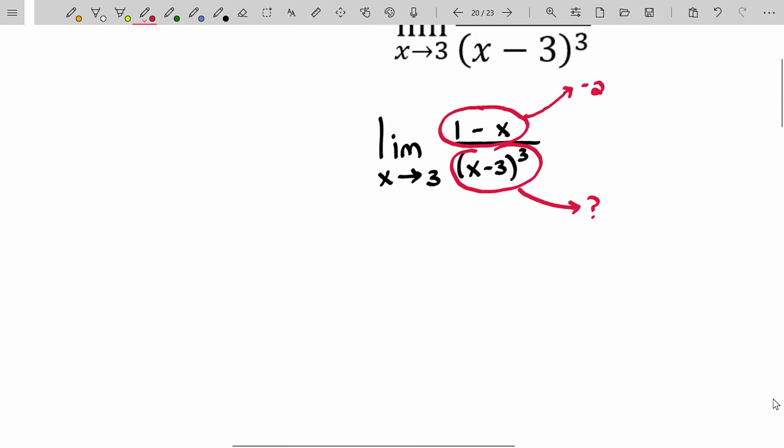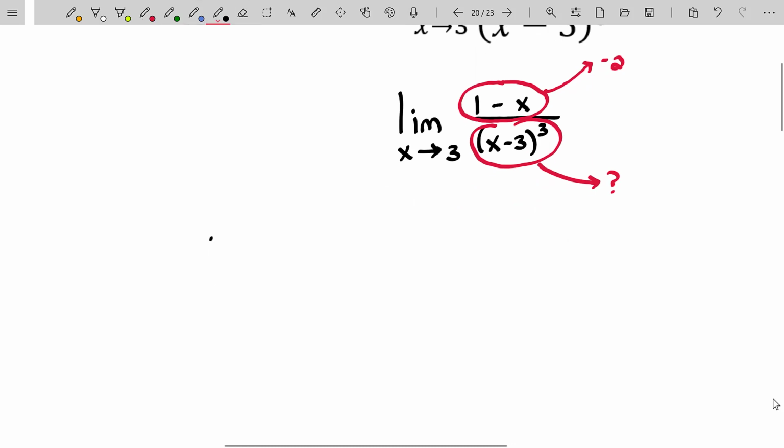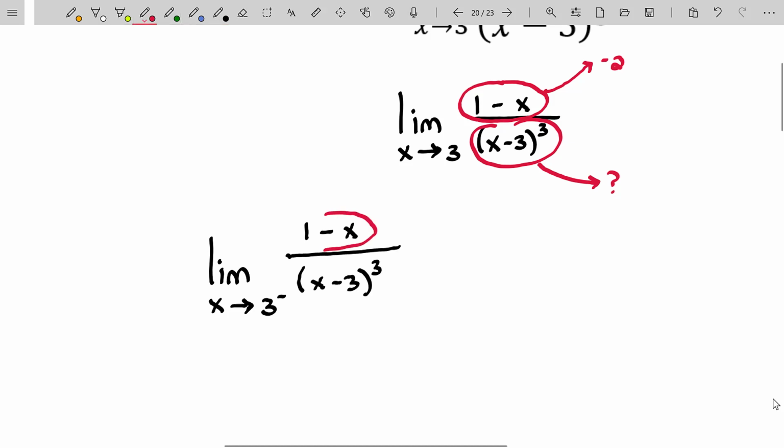I'll showcase this by writing the limit as a single-sided limit. Let's look at the limits from both the left and the right-hand side of 3, and you'll see something very special here. Again, from the left side of 3, the numerator is still approaching, not equal to, -2.